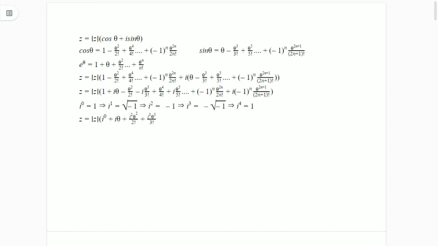So we get i squared times theta squared over 2 factorial plus i cubed times theta cubed over 3 factorial. You've probably spotted the pattern and realised the next two terms can be written as i to the 4 times theta to the 4 divided by 4 factorial plus i to the 5 times theta to the 5 divided by 5 factorial.